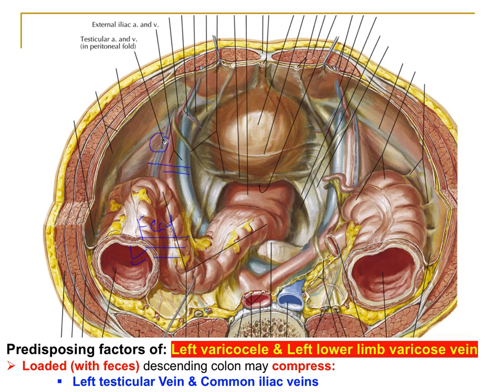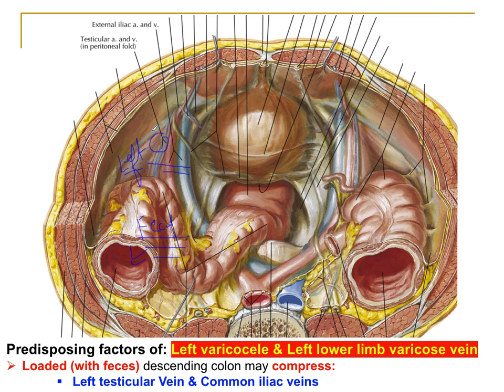Because of the compression of the testicular artery and vein on the left side, left varicocele is very common. There will be a problem in the pampiniform plexus: compression or dilatation of the pampiniform plexus, so there will be no venous return.